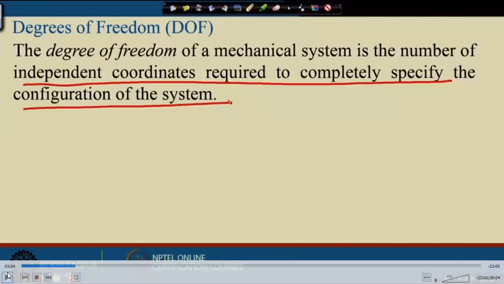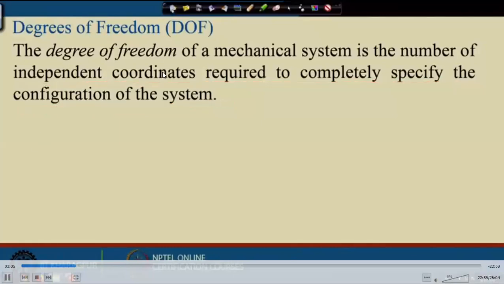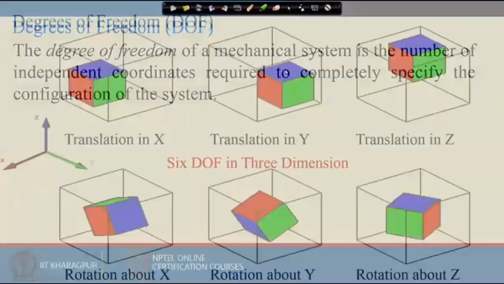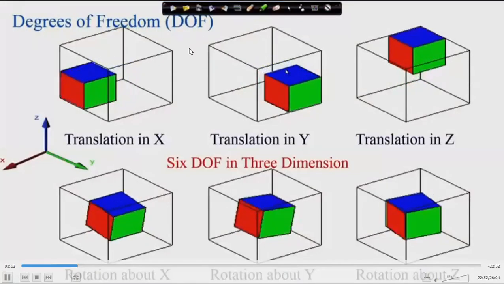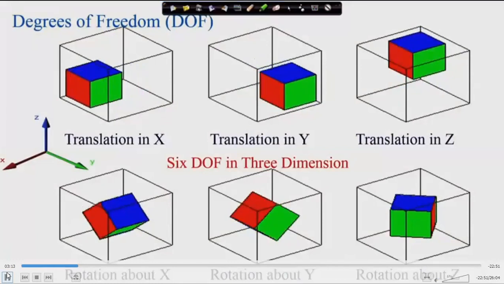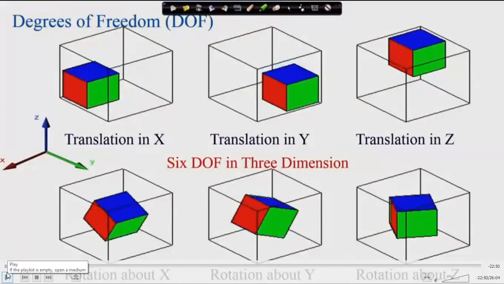The degrees of freedom is the number of available translations or rotations at a particular joint, let's say, if it is a beam.